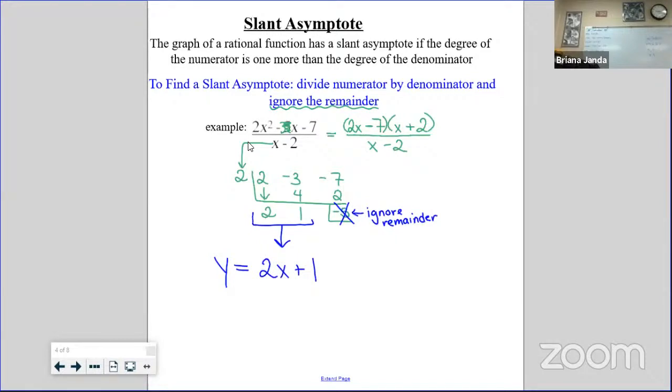Before we move on, just a quick reminder on what that means as far as a line. Let's go back to our basics of how do we graph something like this. Remember that this is y equals mx plus b, where b is your y-intercept and m is your slope, which is rise over run.